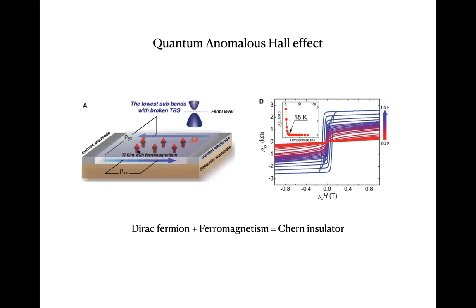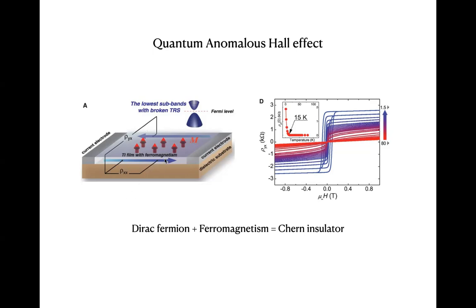There, the time reversal symmetry protected Dirac electron is gapped by the surface ferromagnetism, and the ferromagnetism is from the magnetic ions. So it adds a mass to the Dirac fermion and gaps out the Dirac fermion, such that the Chern number of the valence band is equal to 1. That means there will be chiral edge modes leading to quantized Hall resistivity, which was experimentally observed.